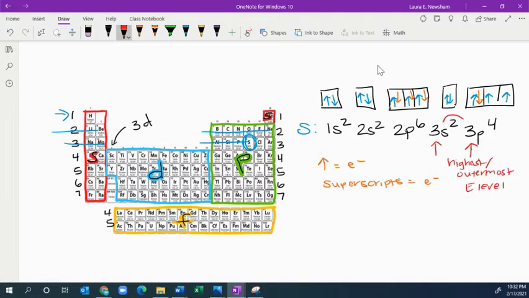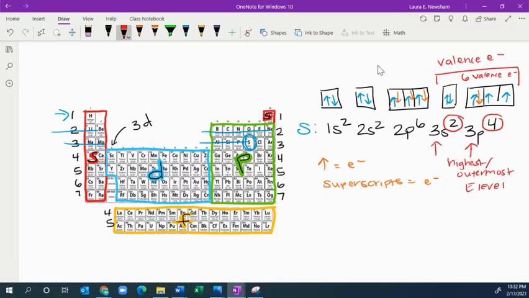So the electrons that exist there are our valence electrons. So these right here are my valence electrons. So you can see that I have 1, 2, 3, 4, 5, 6 arrows here. 6 valence electrons in sulfur.